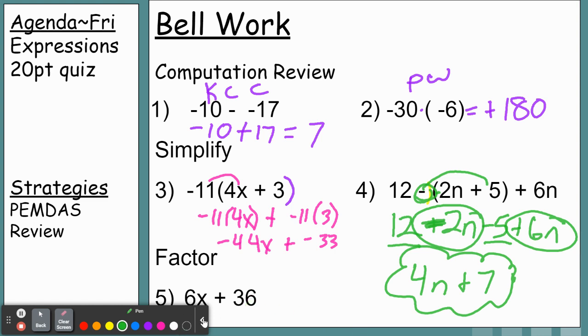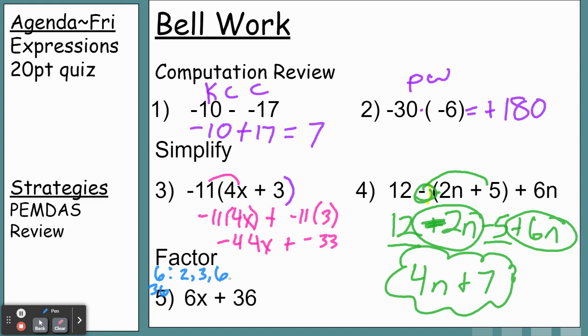All right, factor. That means you're looking for the GCF, and you're going to divide both numbers by the same thing. So the greatest common factor between 6 and 36. Well, 6 has 2, 3, and 6. So start with the largest number. Can 6 go into 36? Why, yes, it can.